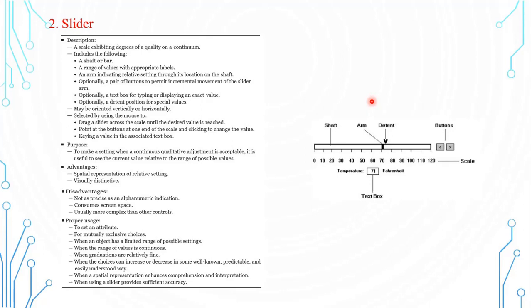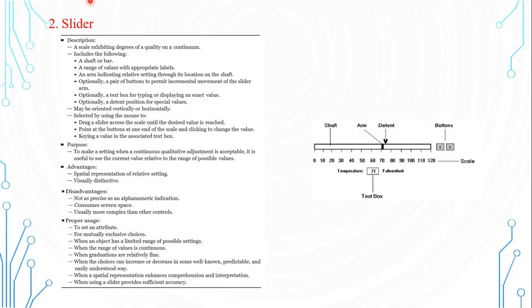So that is one special value we have given. Same way for other applications also you can have a detent position for special values. Okay, so all these three points are optional: buttons, providing a text box, and a detent position for special values.